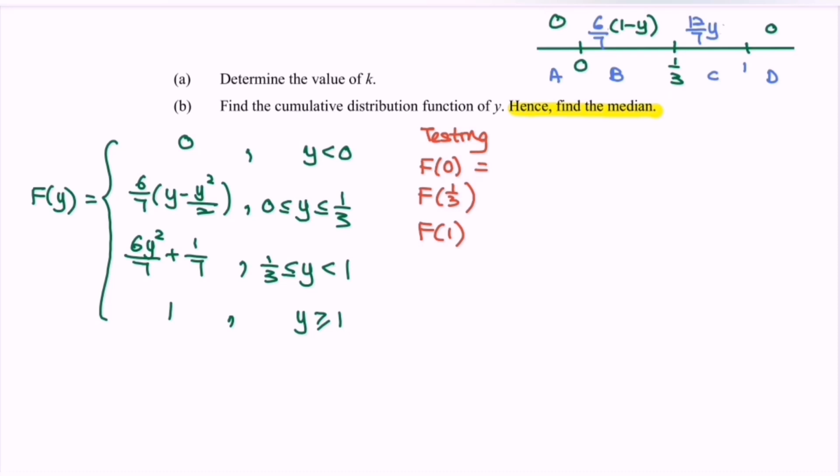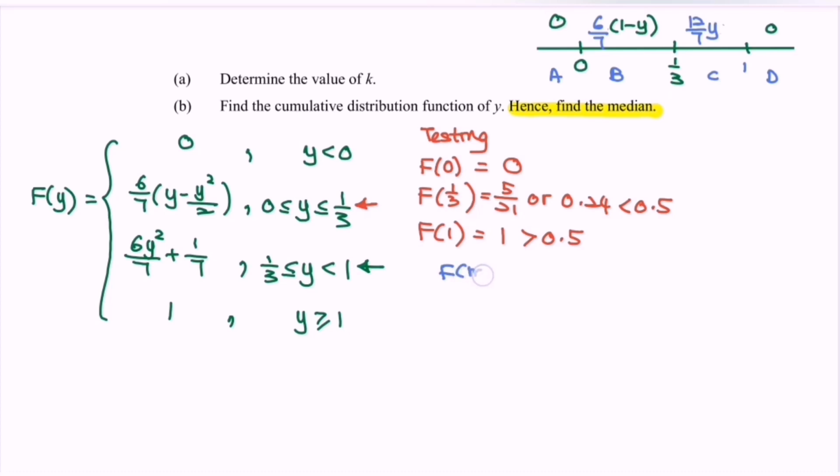Very obviously, F(0) is 0. For F(1/3), substitute into this part, and the answer is 5/21, or about 0.24, which is less than 0.5. If we substitute 1, the answer is 1, which is greater than 0.5. So very obviously, the median is located in this part.